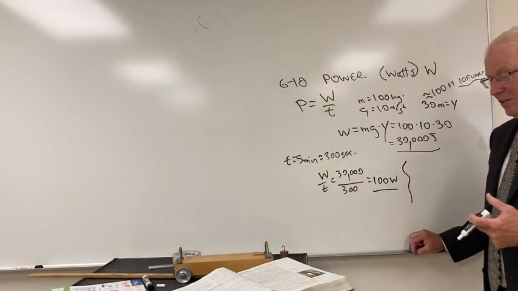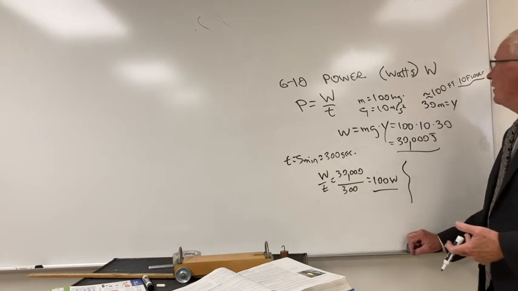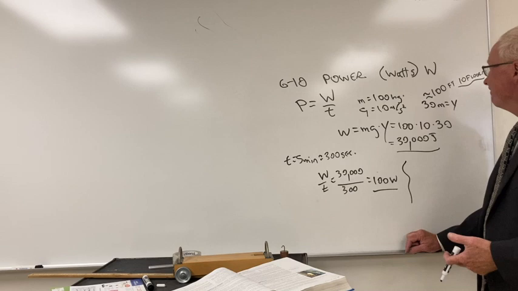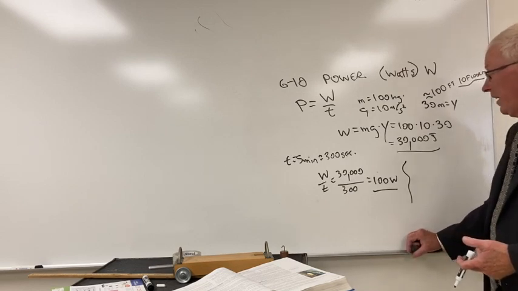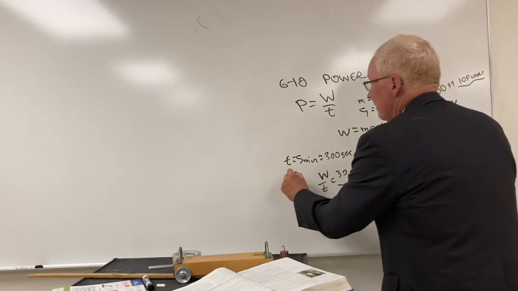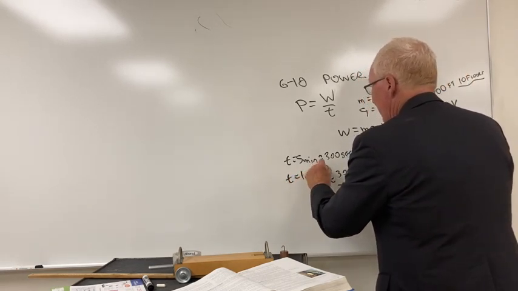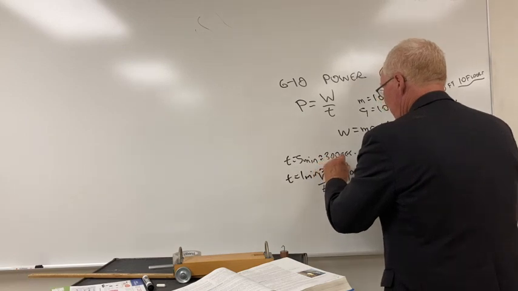Now, suppose instead of walking slowly up, you do the 10 floors really fast, say you do it in 1 minute. 1 minute is roughly 60 seconds.